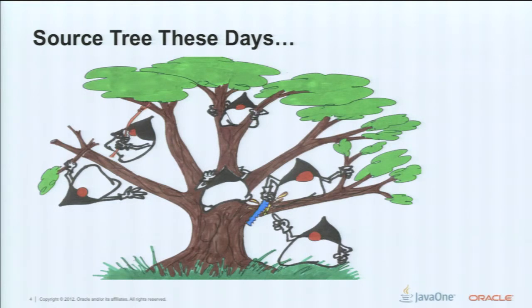So you see this on the picture. In this presentation, we will show you how to climb this tree, and mostly how to deal with mistakes developers make, and how to avoid any issues and problems working with the OpenJDK source tree.